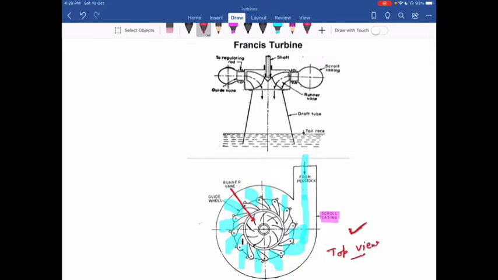Now this is the front view of the turbine. In this case you can see I have the casing, the scroll casing.